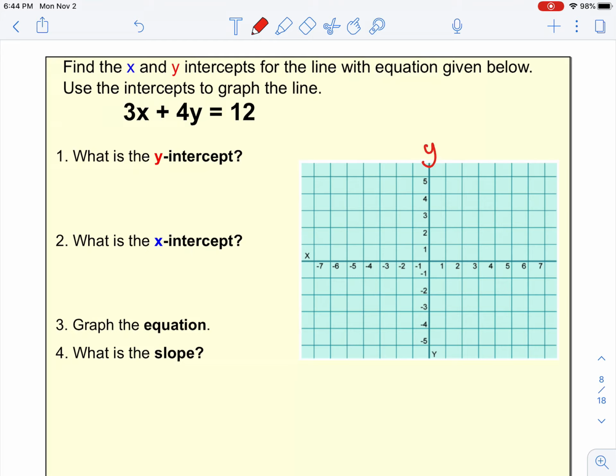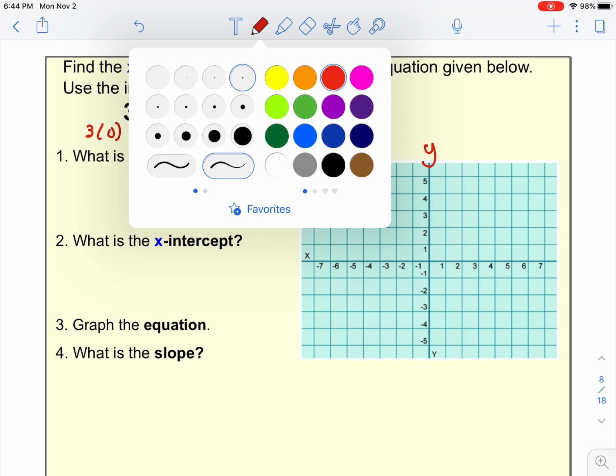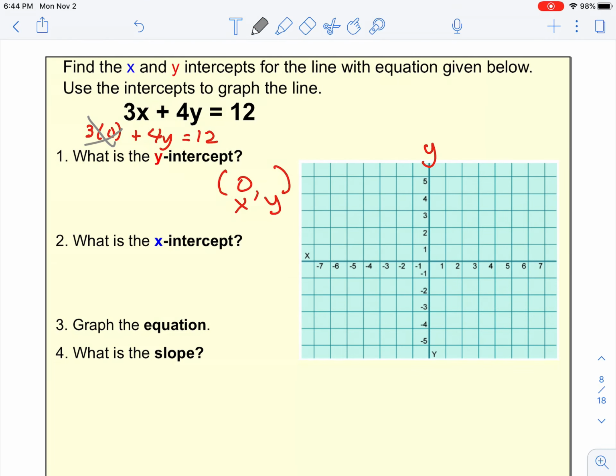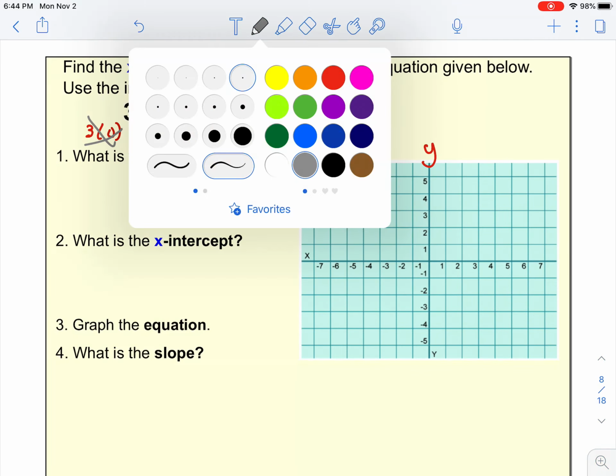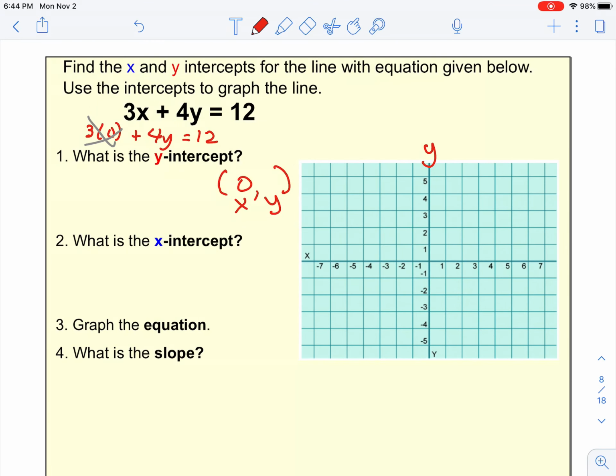So it's asking me to find the y-intercept first. So it's where it crosses the y-axis. And remember, we are trying to find the y value when our x value is equal to 0. So I'm going to put 0 in for x. So that's going to be 3 times 0 plus 4y equals 12. Remember, the 3 times 0 part just becomes 0, and we can cross it out, and now we have 4y equals 12.